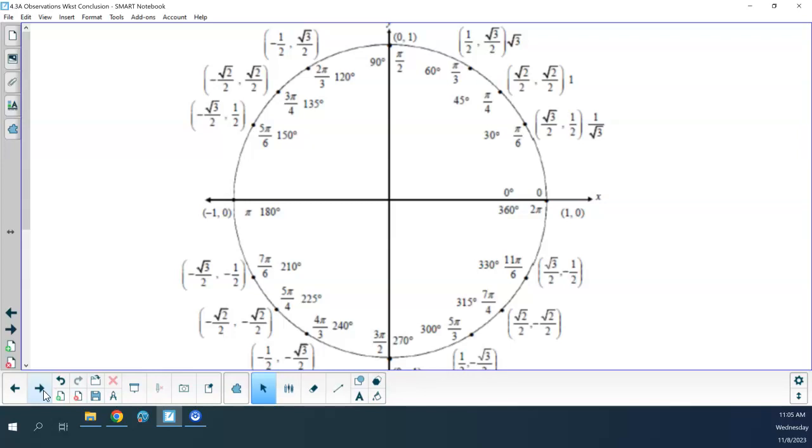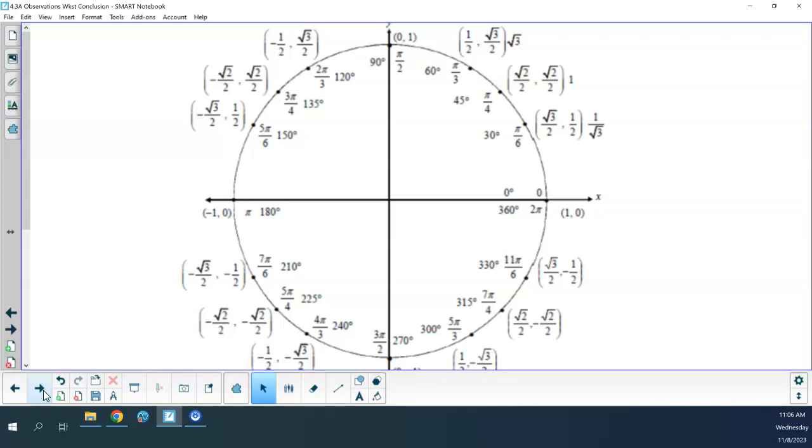Okay. Couple of observations. In number 1, we should have observed that the sine values and the cosine values never get bigger than 1 and never get smaller than -1. So both sine and cosine are in between -1 and +1.